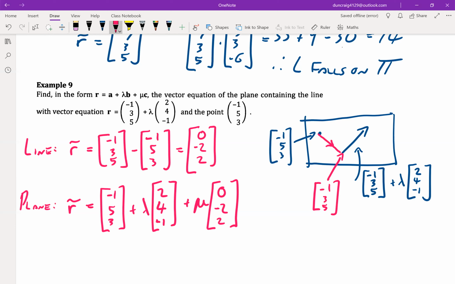You might be wondering, I did -1, 3, 5 take away -1, 5, 3. If you did it the other way, would it really matter? If you did it the other way around, you get the negative of this: 0, 2, -2. But keep in mind, that's a scalar amount, and that scalar amount can be positive, negative, anything, so it would essentially cancel out.